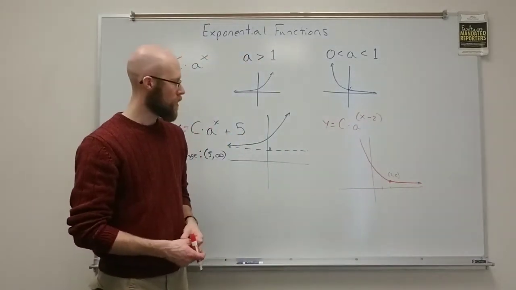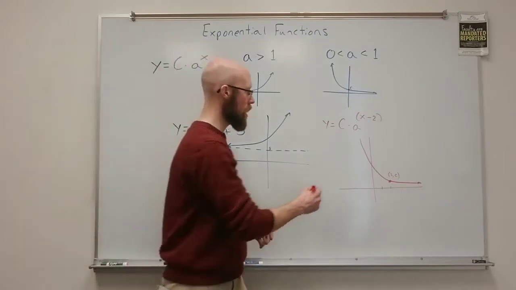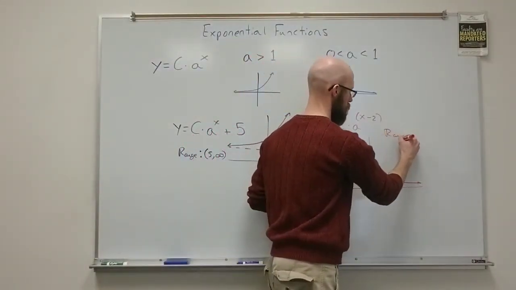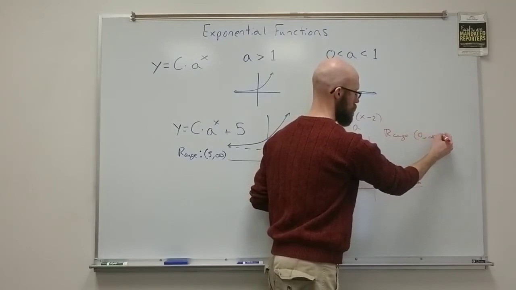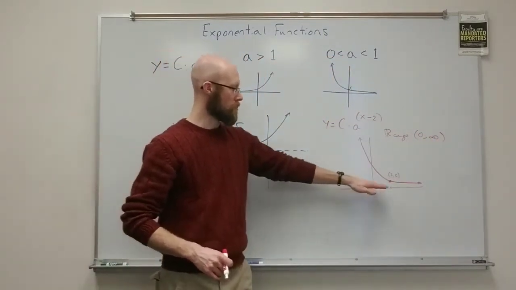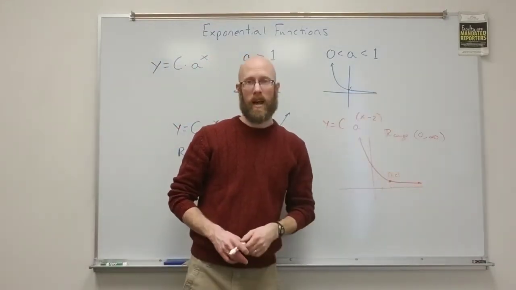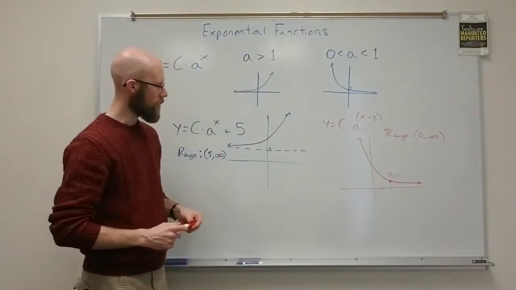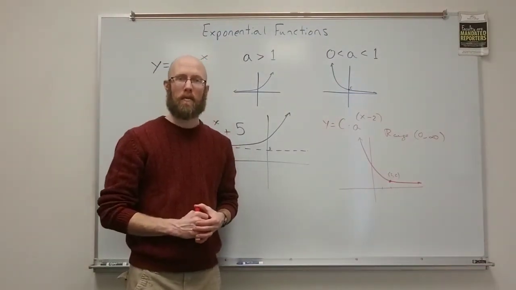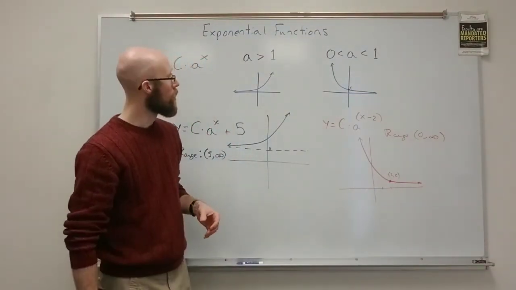So just a different change, but again, the range on this one is still going to be from 0 to infinity. It's still just your positive numbers. Your horizontal asymptote doesn't change; it's still on the x-axis. So just a few things that you might see pop in from time to time.